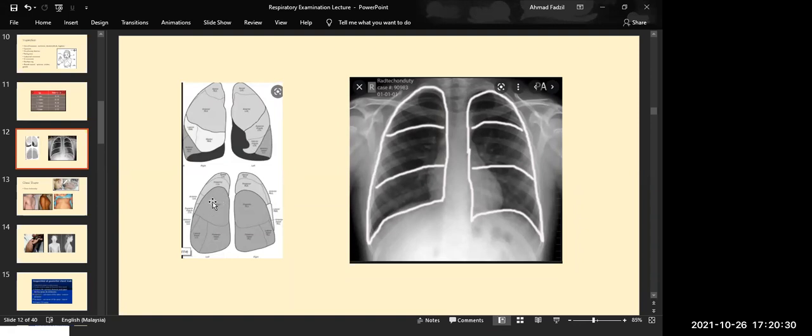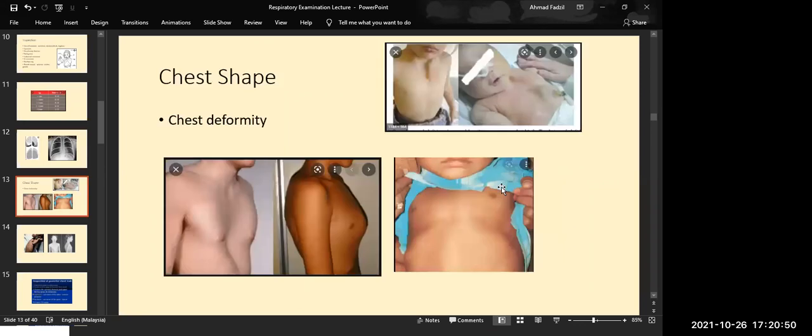So posterior, mainly the upper lobe at the upper zone, and the mid and lower zones will be the lower lobe. Same on the left side. This is because you need to divide by zones, so you know how to auscultate systematically or to examine systematically.